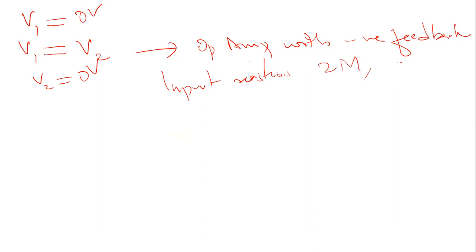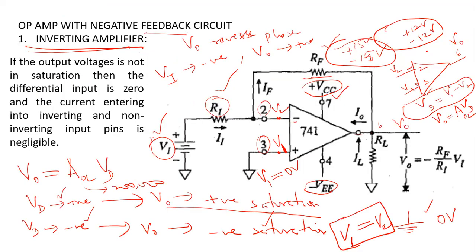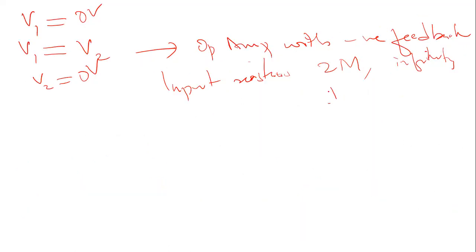For an ideal op-amp, it is actually infinity, but for a practical op-amp, it's 2 mega ohm. So because of this large input resistance, the current entering the op-amp IC here, which I denoted as I2, is practically 0.